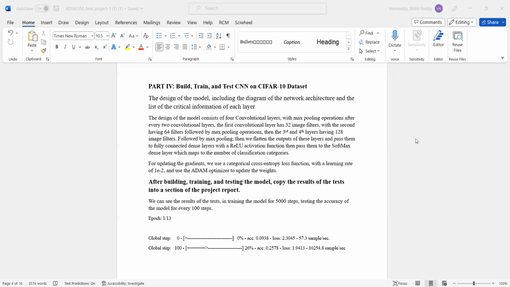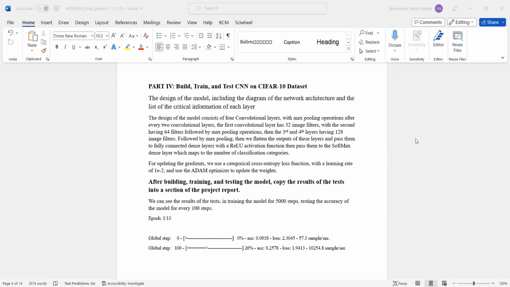We can see that the design of the model consists of 4 convolutional layers with max pooling operation after every 2 convolutional layers. The first layer has 32 image filters and the second one has 64 filters, followed by max pooling operations. Then the third and the fourth layers have 128 image filters, followed by max pooling.